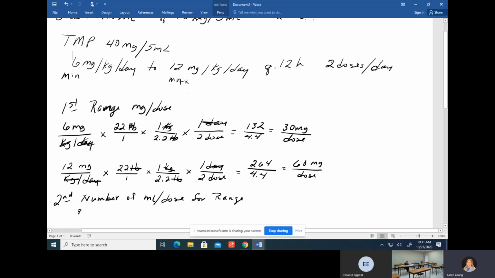So I'm going to take the 30 milligrams per dose times the TMP, which is 40 milligrams per 5 milliliters. So my 5 milliliters, 40 milligrams.